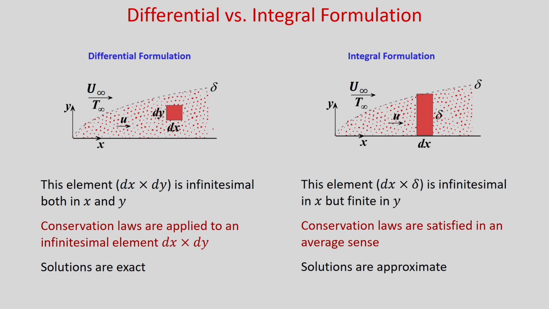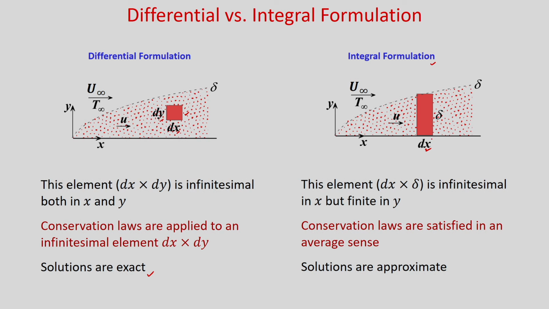In differential formulation we know that we consider one infinitesimal element of length dx and dy, and the conservation laws are applied to this infinitesimal element. So, the solutions are exact, whereas in integral formulation the element is infinitesimal in x but finite in y.